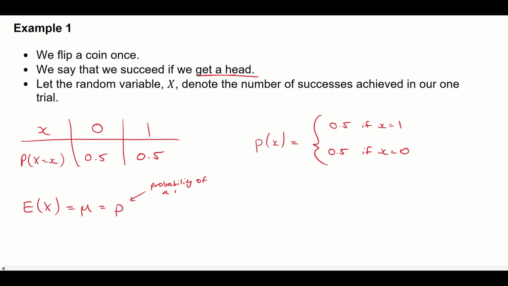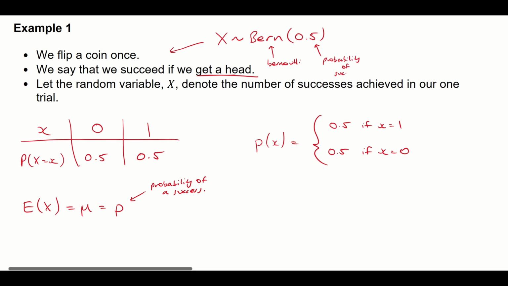And I probably should have mentioned this before, that if I was going to use shorthand notation for this kind of problem, we would say that x is a Bernoulli distribution with a probability of success of 0.5. So our random variable x is modeled by a Bernoulli, and in here we put the probability of success.